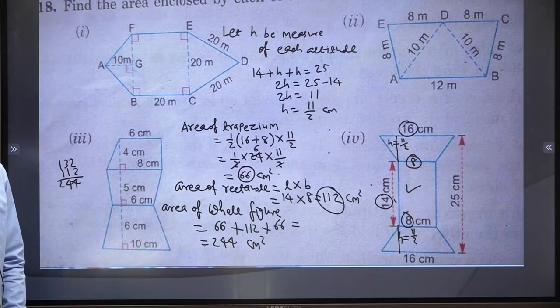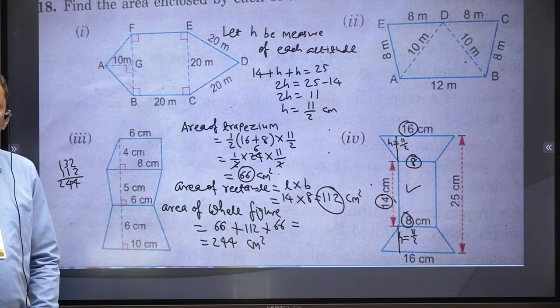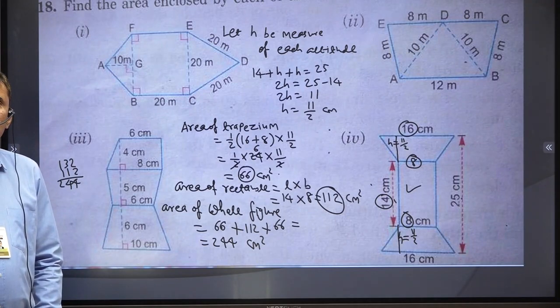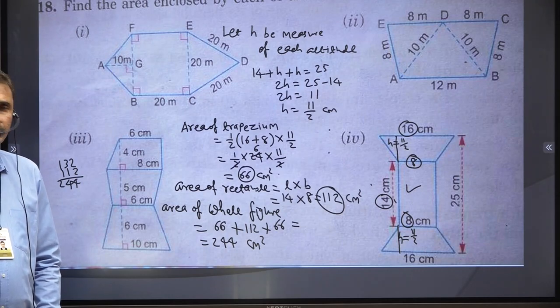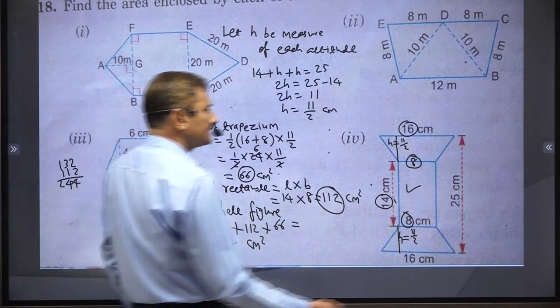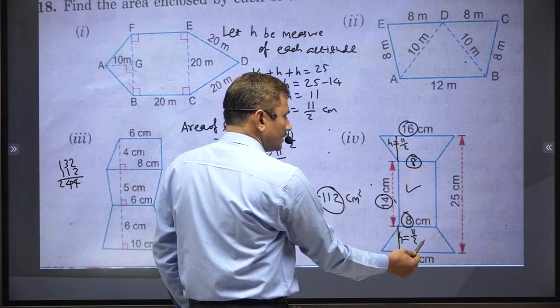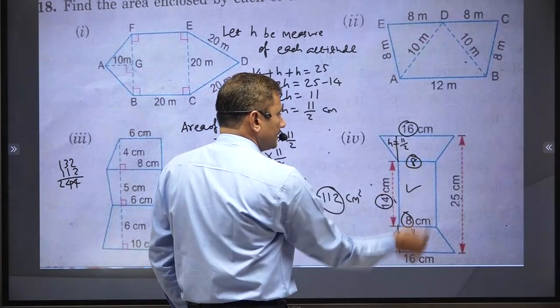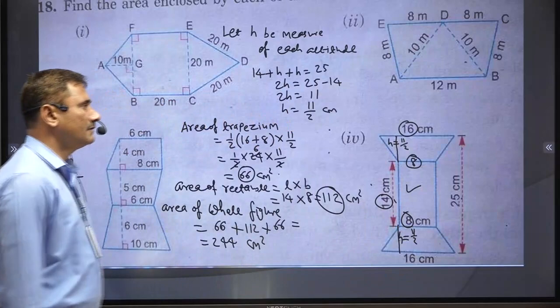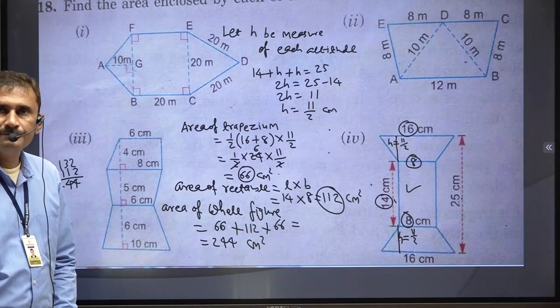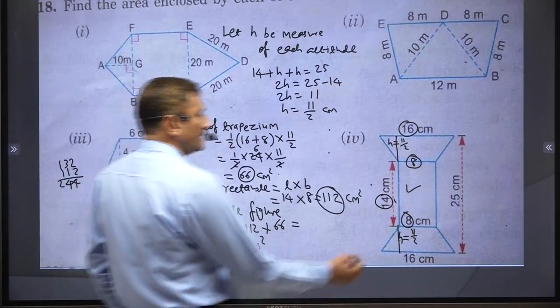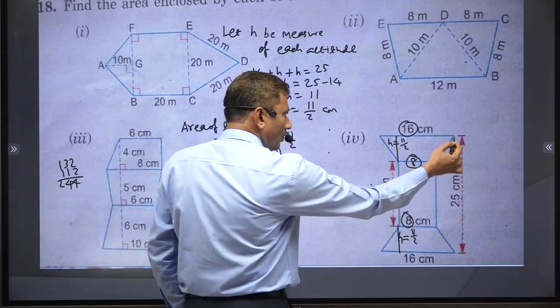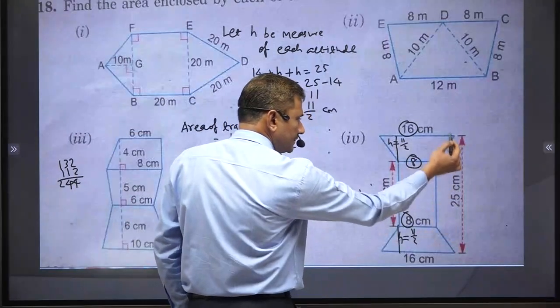Okay, understand? First of all, look at the figure, observe it carefully. I am explaining again. These two are equal trapeziums. Now they have given the total height of this figure.